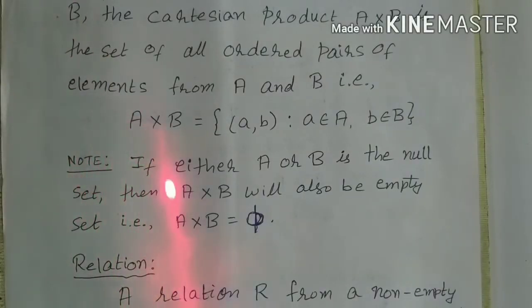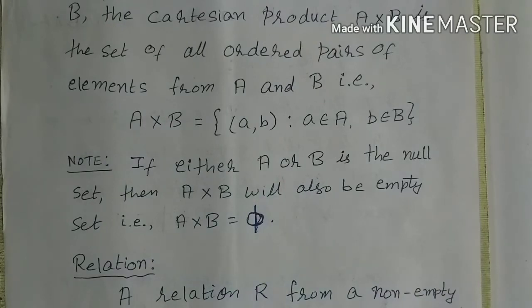Note, if either A or B is the null set, then A × B will also be an empty set. That is, A × B = ∅.